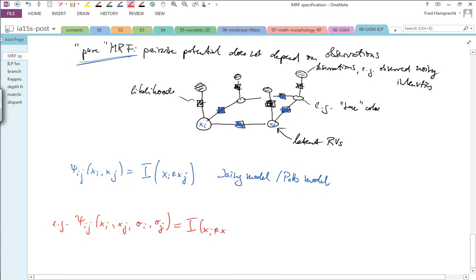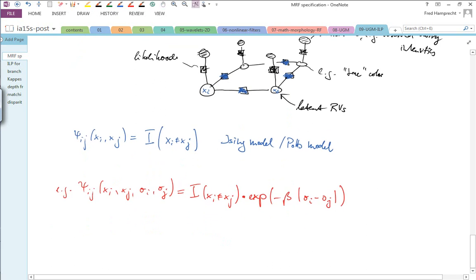We used again the indicator function, but now this is multiplied with the following term. The effect of this is that if my image intensities are very similar, then I'm going to pay the full penalty. So if I have a label transition where there is no indication in my image that actually something is changing, then I have to pay a big penalty for this label change.